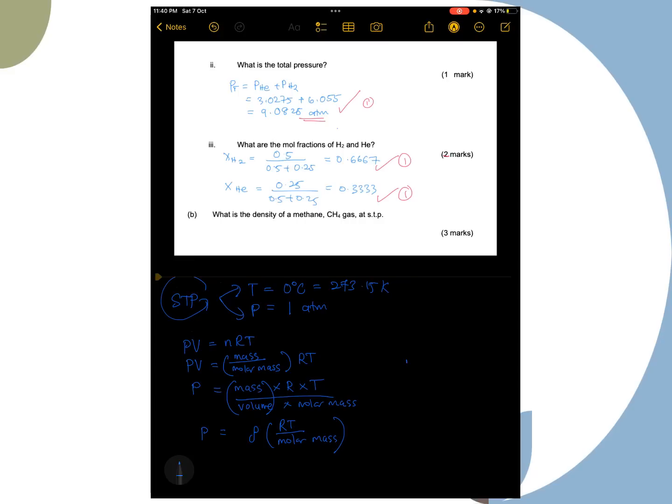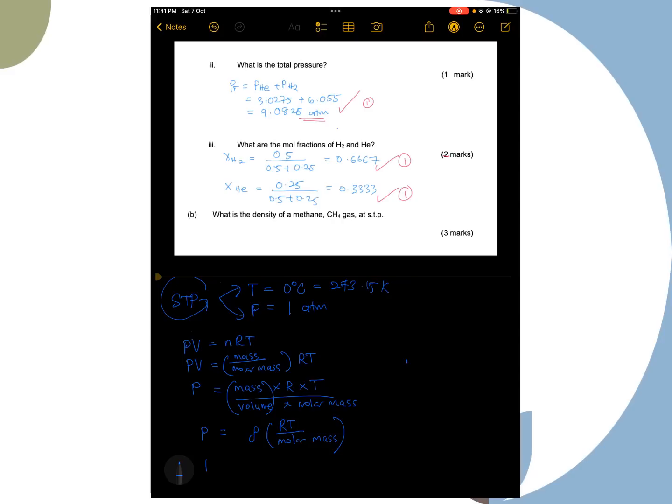Now we can just substitute the values that we already have. But we don't have the molar mass, so let's calculate the molar mass first. P is 1. Now we can make the density the subject.